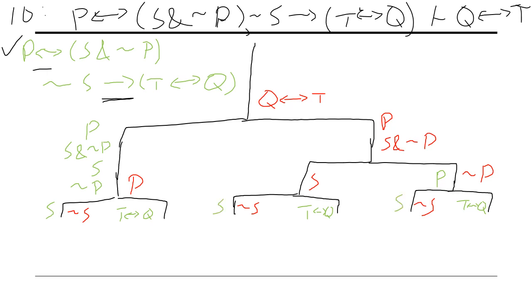We gotta break up these things. And remember what makes a double arrow true is if they both match. So either they're both true or they're both false.